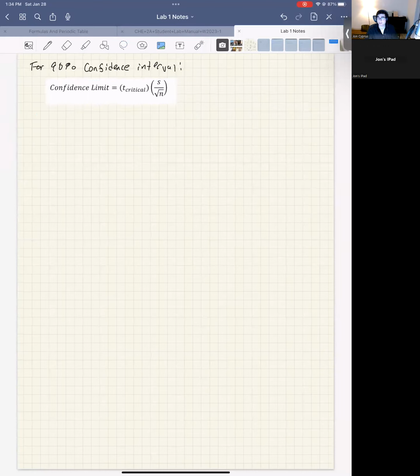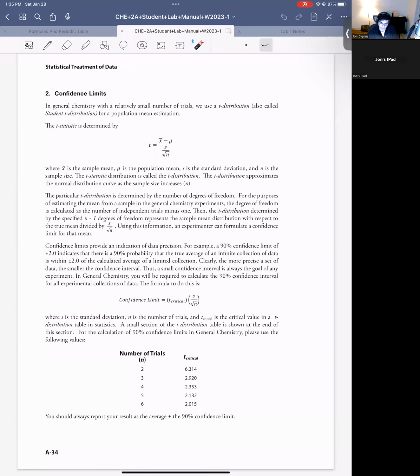If we're looking at this, we have our standard deviation here. That's the S, still means the same thing. You would just plug that number in. You have your N, your number of trials, which you would also plug in. And then you have your T critical. You would look at the table down here.